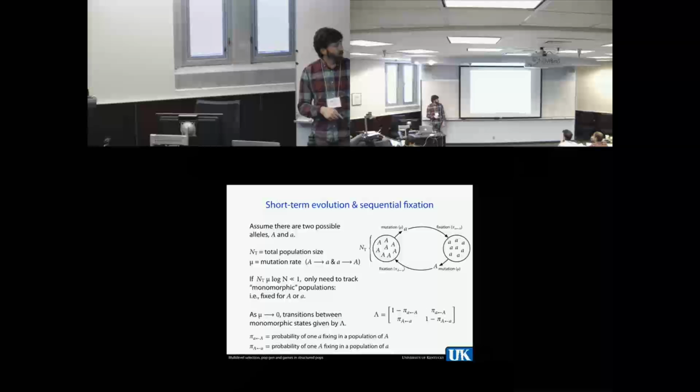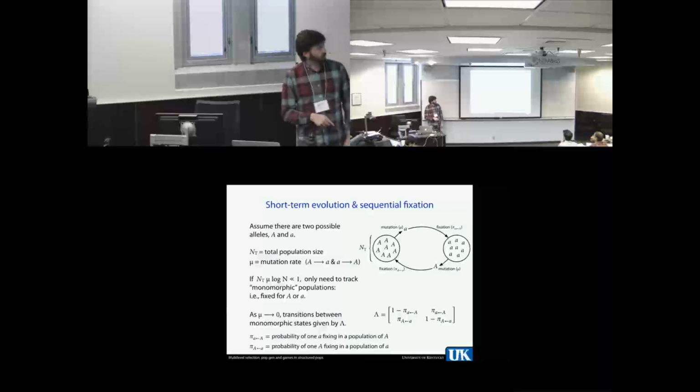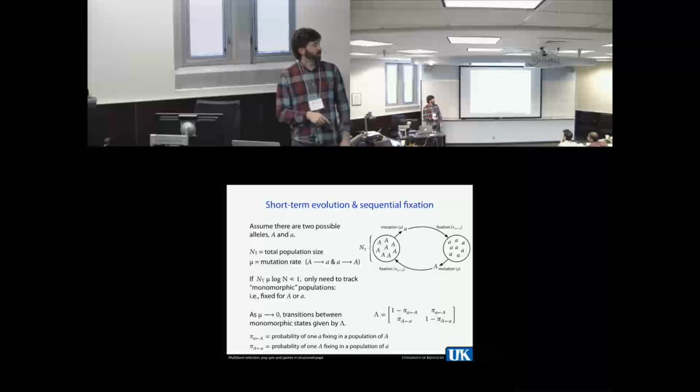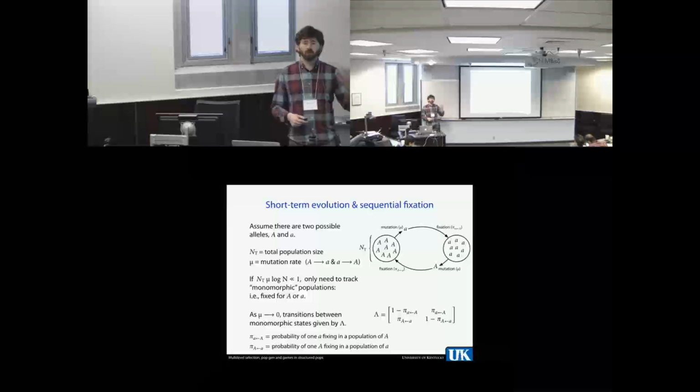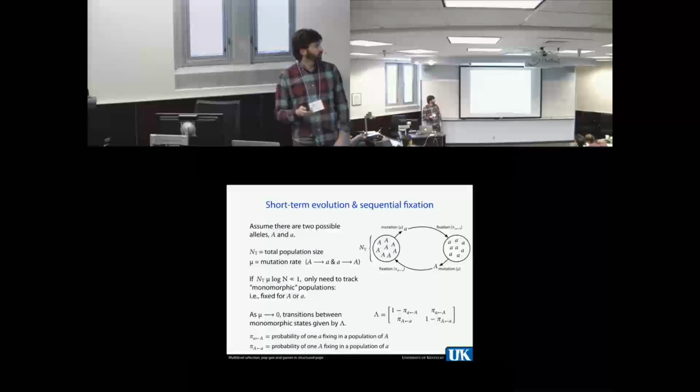To go from a population fixed at big A to one fixed at little a would be the probability of a mutation arising of little a, and then the probability that little a fixes. The mutations have actually been factored out here because we assume that mutations are very, very small, so that mu goes to 0.